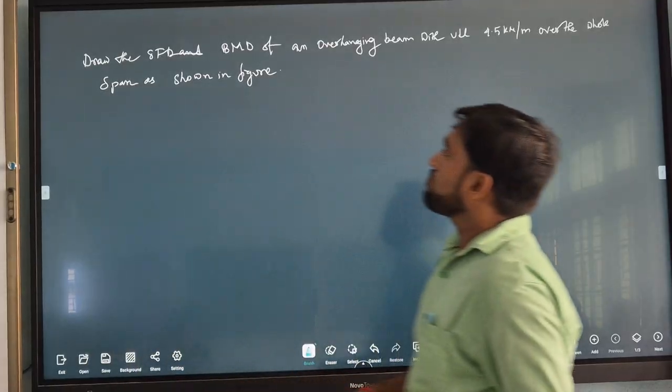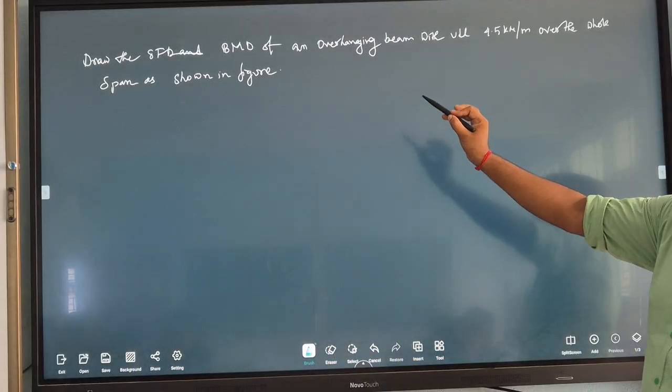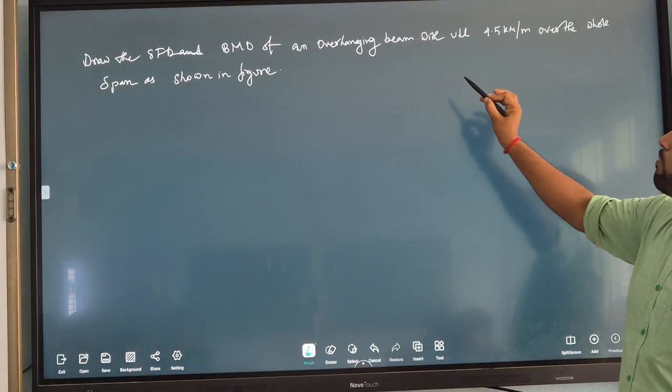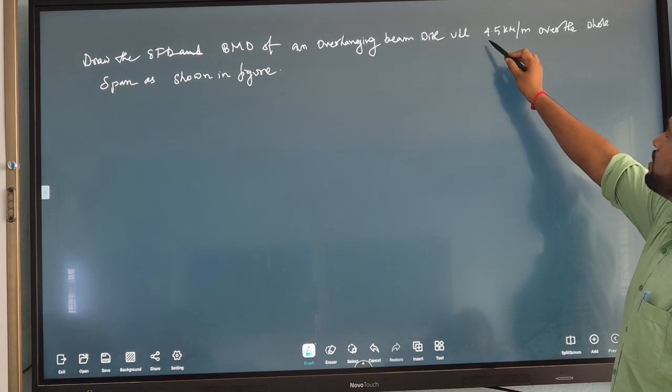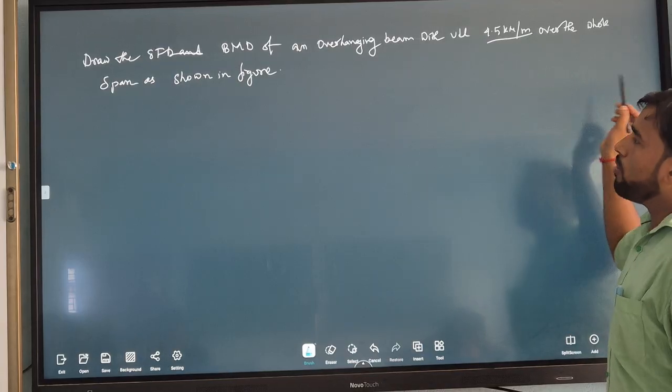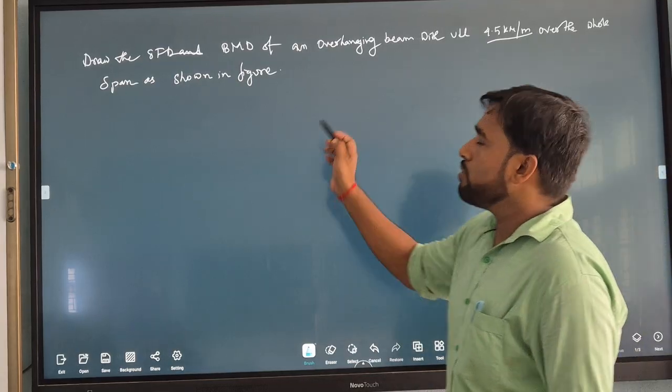The problem is: draw the shear force diagram and bending moment diagram of an overhanging beam with UDL 4.5 kilonewton per meter over the whole span as shown in figure.